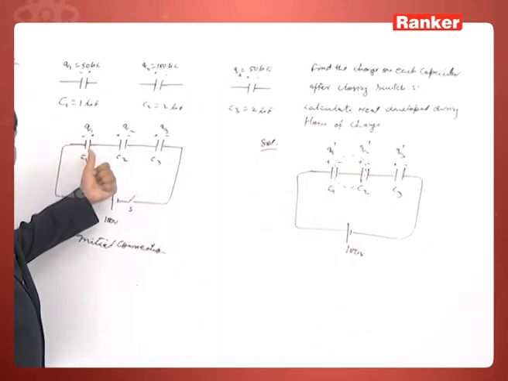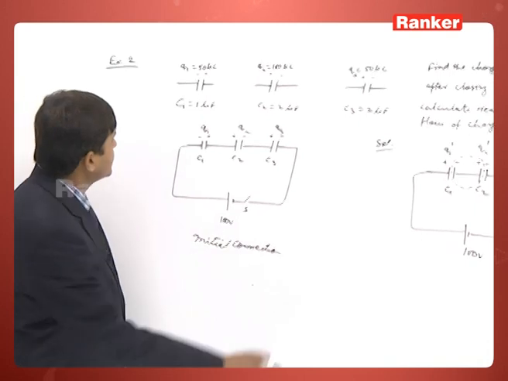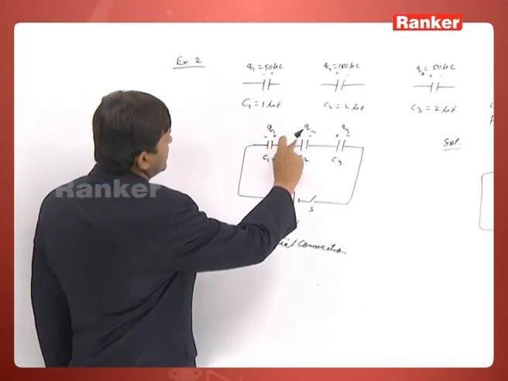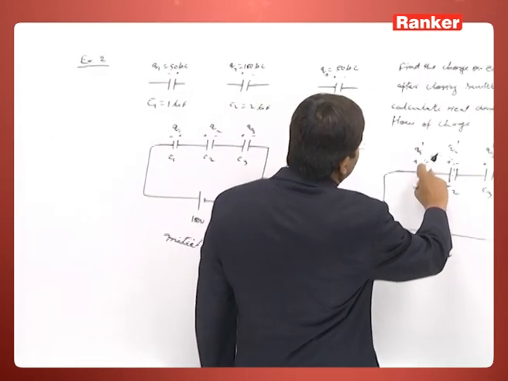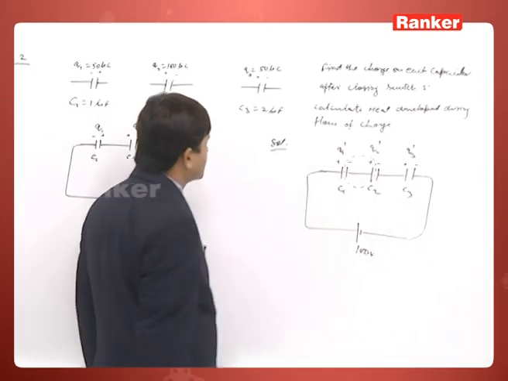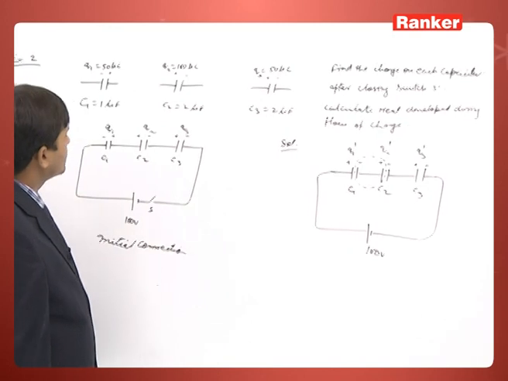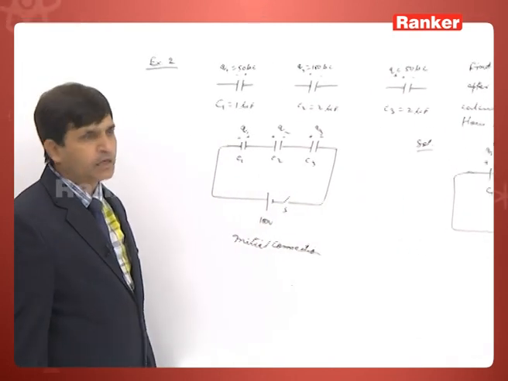So whatever the initial charge on these two is, Q1 plus Q2, and the final charge here, minus Q1 dash plus Q2 dash, that will remain conserved according to Kirchhoff's first law.